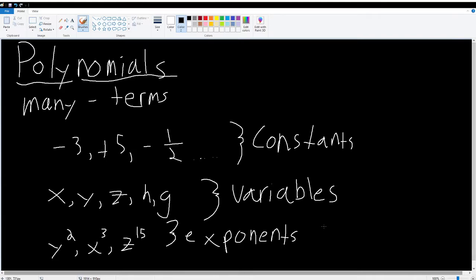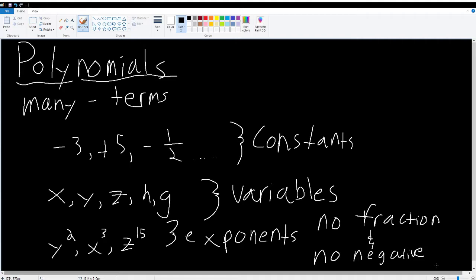So polynomials means many terms, and it consists of either constants or variables or exponents or all of them together.